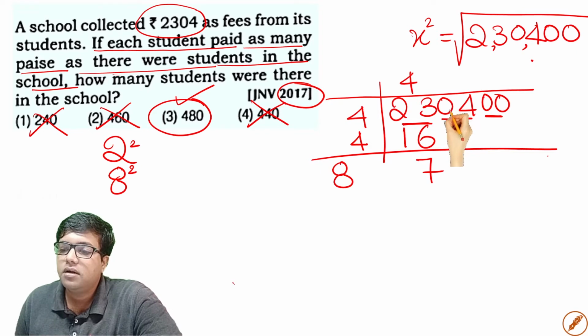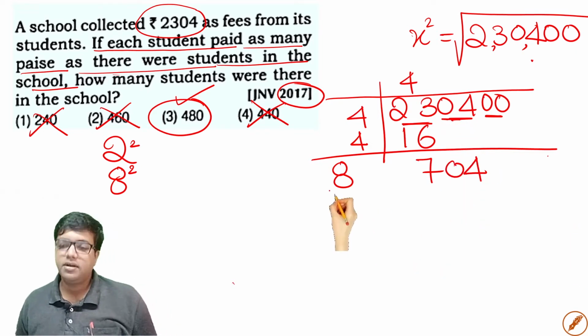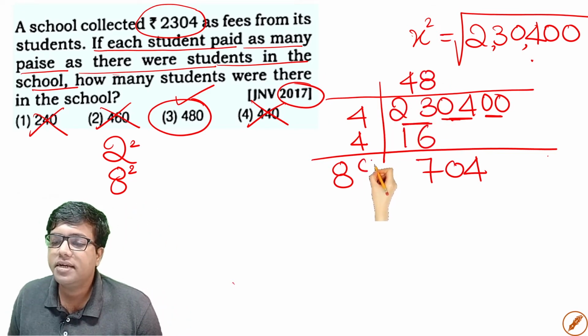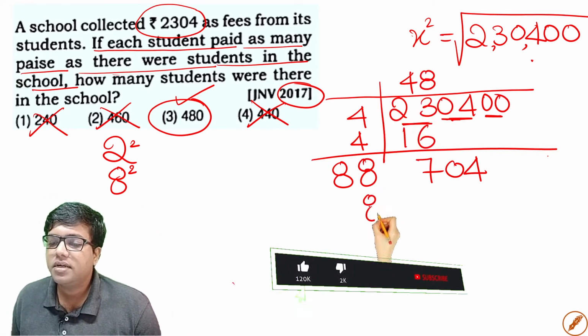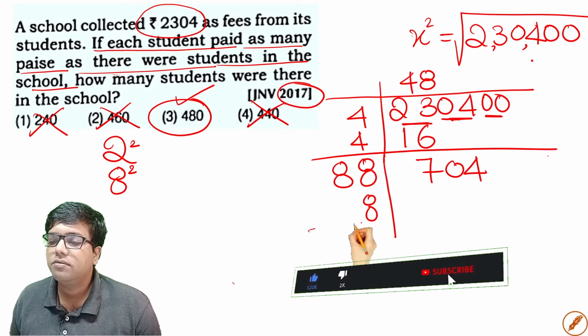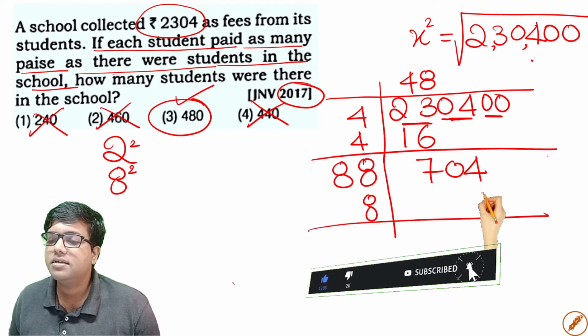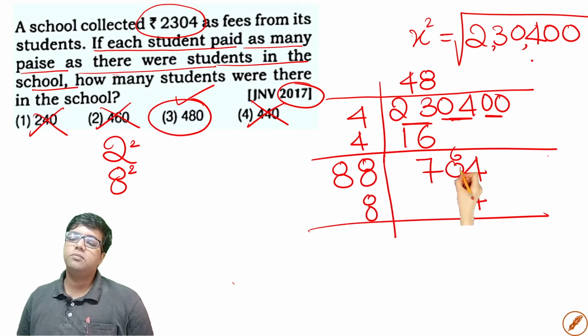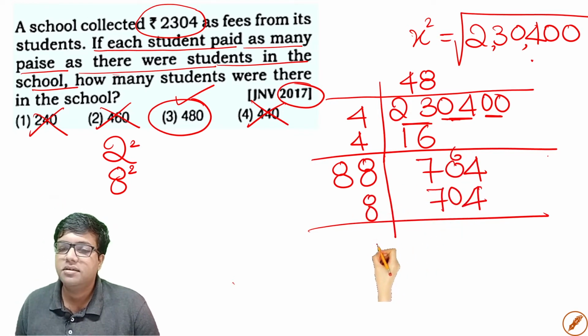Now take these two numbers. What can we write here? 8 eights are, let's write 8 here as well. 8 eights are 64. 6 carry over, 8 eights are 64, plus 6 is 70, right?